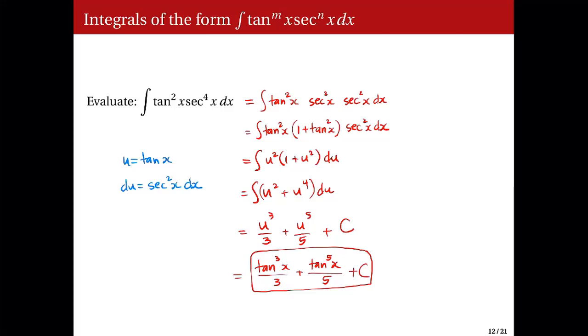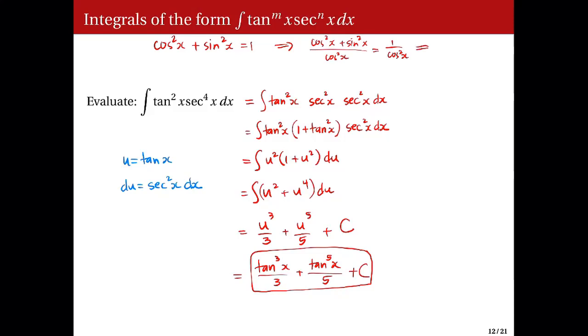So could you explain how you got 1 plus tangent squared x dx? It's an identity. You start with, at least you should know this, cosine squared x plus sine squared x equals 1. Okay? So what you're going to do is to divide everything by cosine squared. So you will have cosine squared x plus sine squared x divided by cosine squared x. This is equal to 1 over cosine squared x.